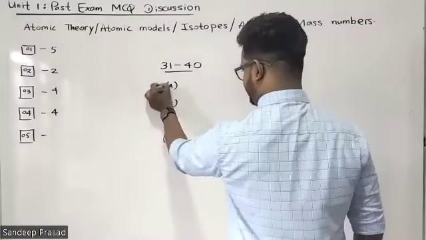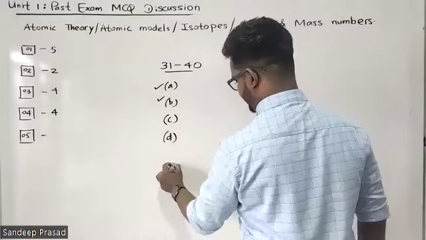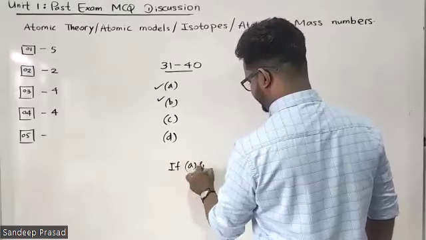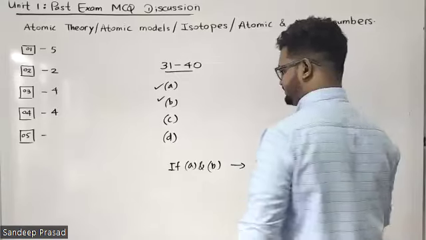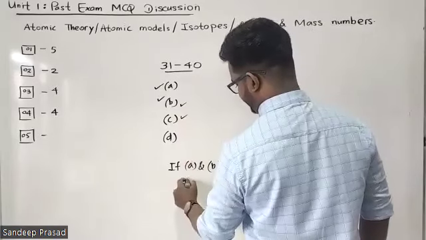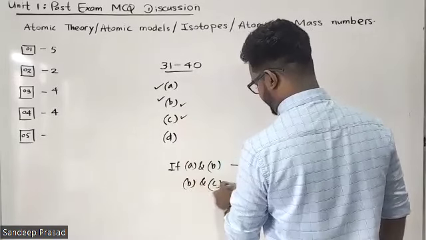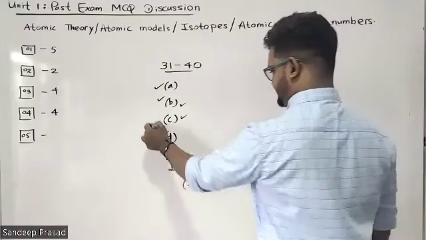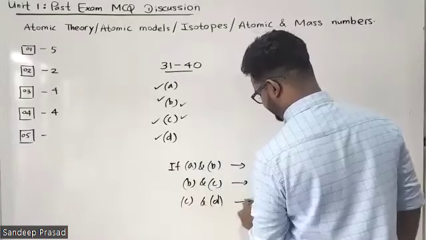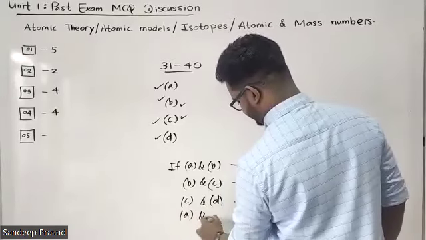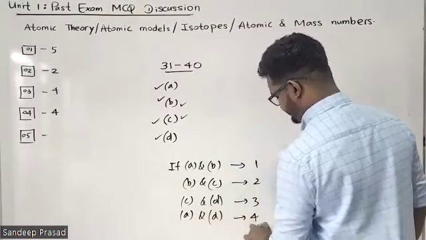If A and B are correct, the answer is number 1. If B and C are correct, the answer is number 2. If C and D are correct, the answer is number 3. And if A and D are correct, the answer is number 4.